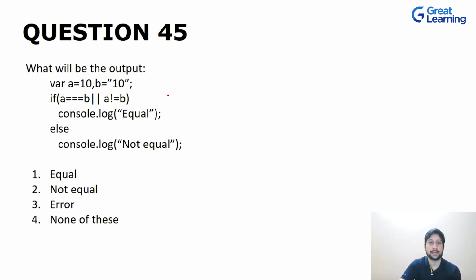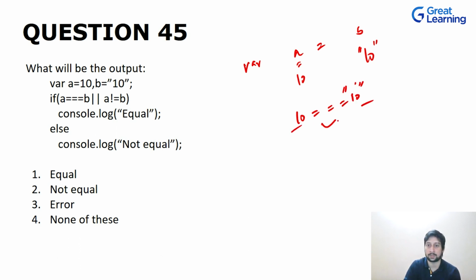In this case, we have two variables, again a and b. a is 10, the data type of a is number, b is 10, the data type of b is string. We are checking if a is equal to b. In this case, we are again checking 10 is equal to the string 10. Obviously, it will give you the result as false, which we have already seen.